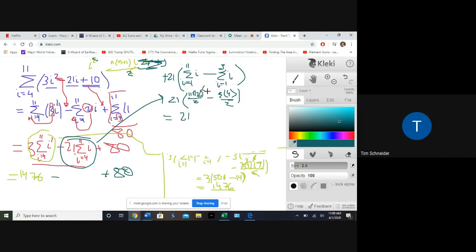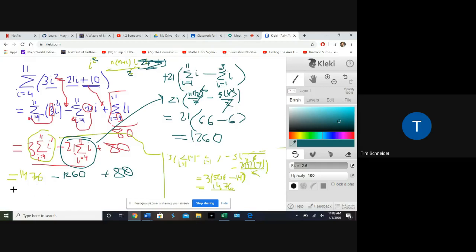This is a 6, and this is a 2. Times 66 minus 6, in other words, just 60. So we have 21 times 60, which is 1260. That's a nice large number.